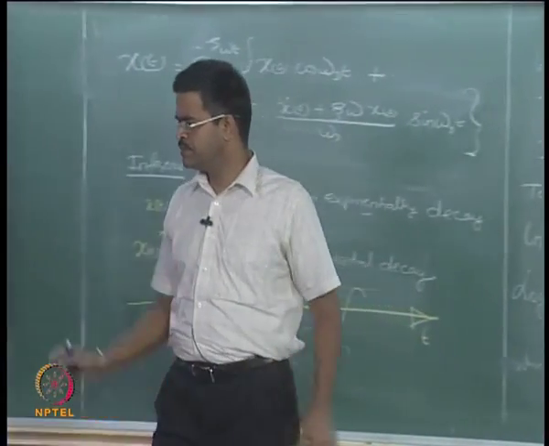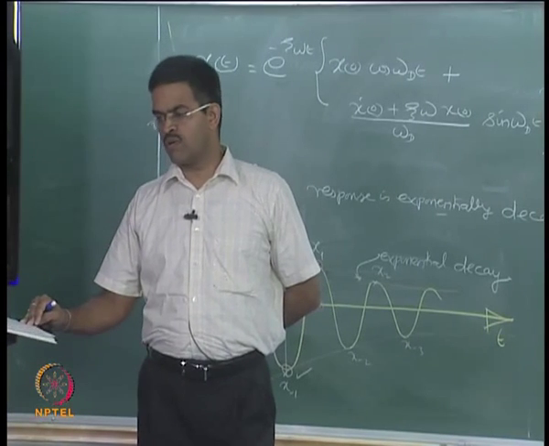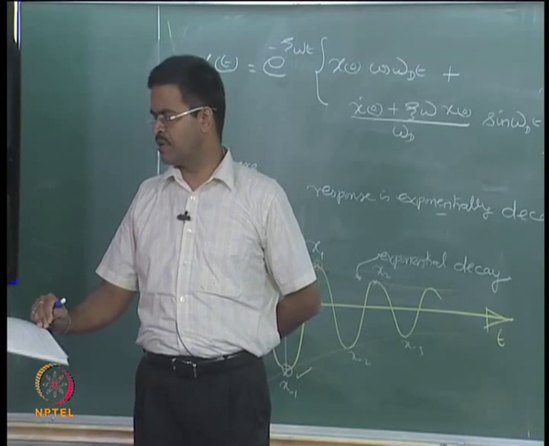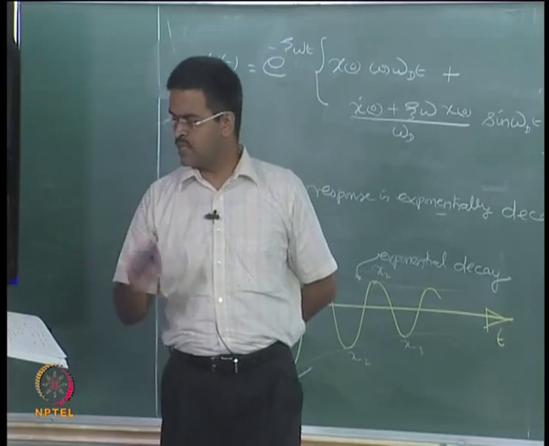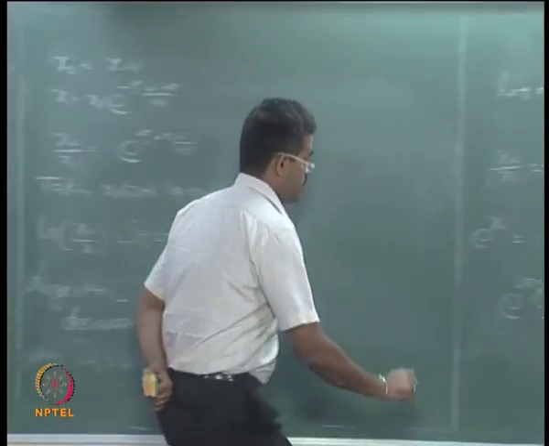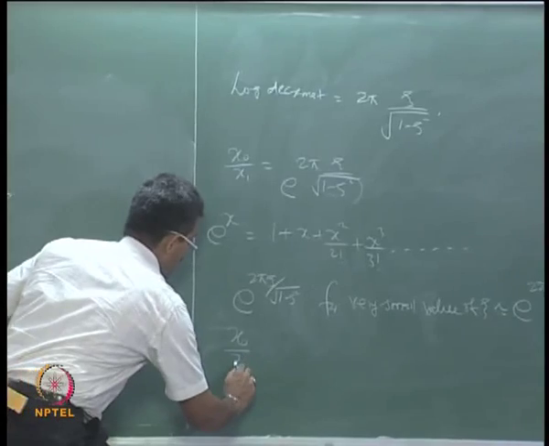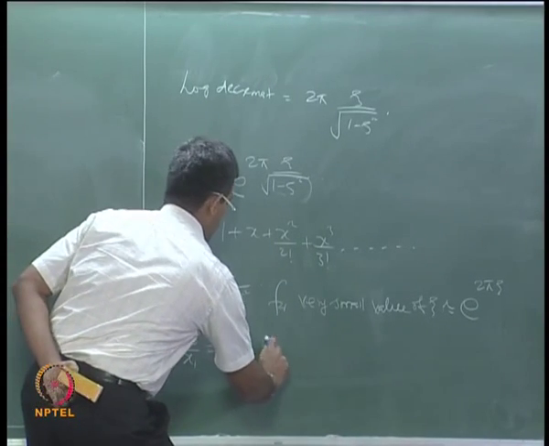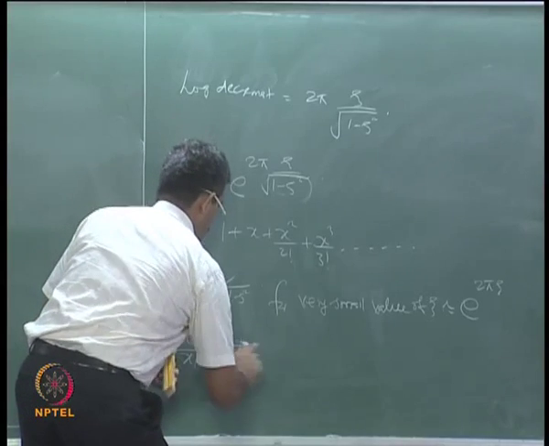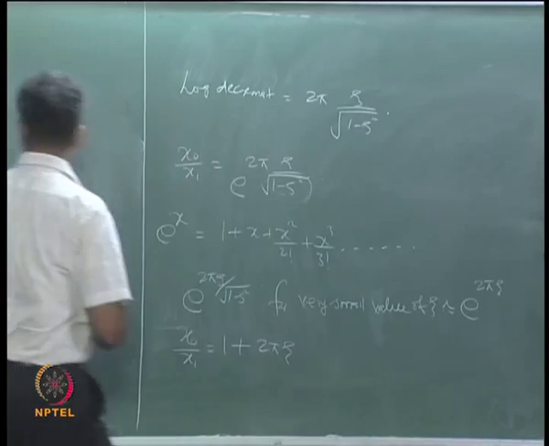Is it not? 1 minus zeta square will not cause any difference in the denominator. So now I can expand this and say that x naught by x1 is simply 1 plus 2 pi zeta.